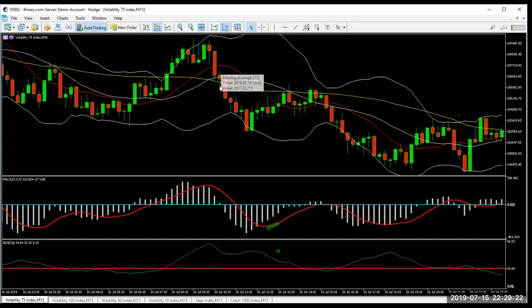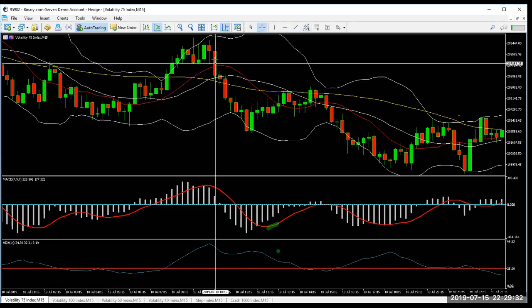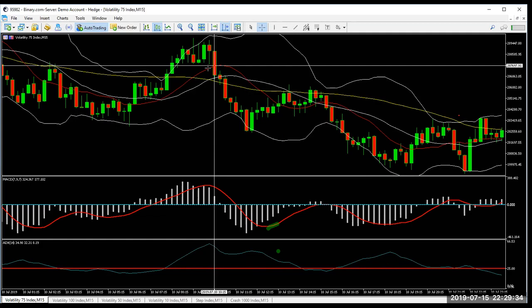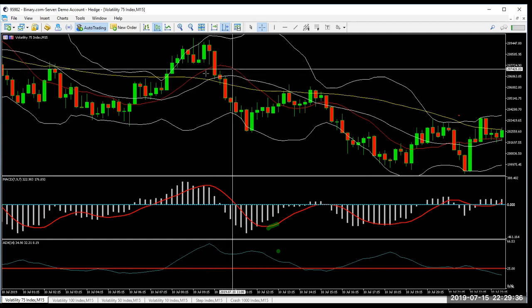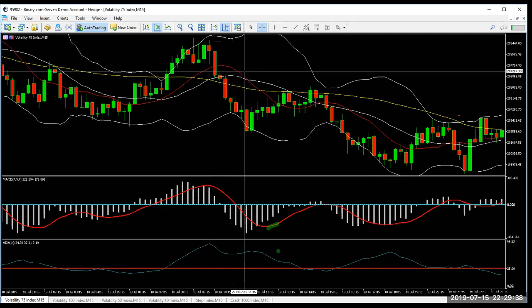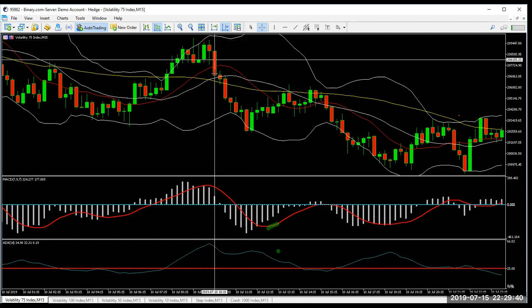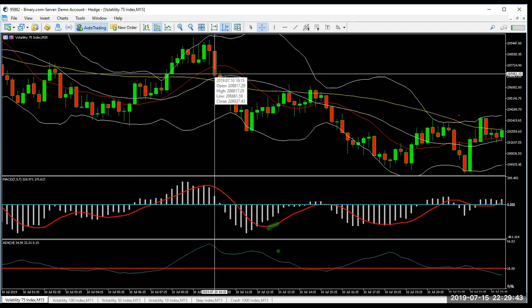So let's talk about sell now, a downward movement. Let's look at this. This candle broke the 13 moving average. So immediately breaking the 13 moving average, we know this is a strong movement downward. Do you understand?